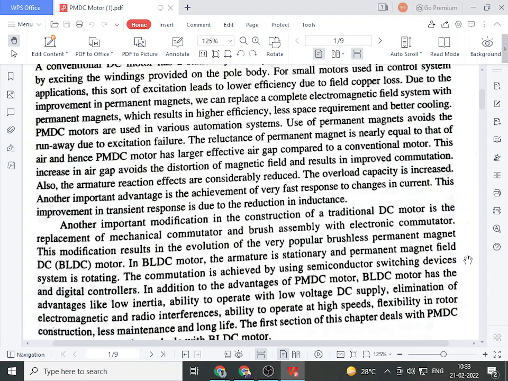So in the BLDC motor, there is a simple change in the placement of armature and field system. Here the armature is stationary and the field system is rotating. The field is present on the rotor, and that field is nothing but the permanent magnets.